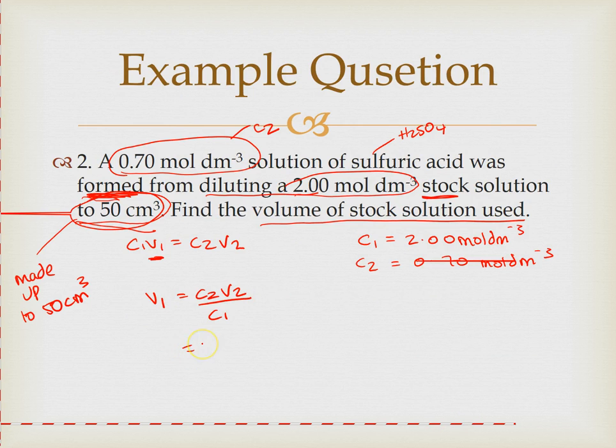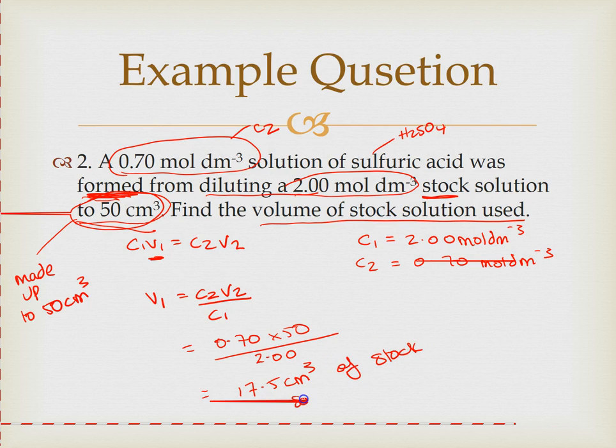So C2V2: we've got our 0.70, and V2 is 50 centimeters cubed. Note that I am not converting it, I'm just using it as centimeters cubed, and then I'm going to divide by C1, which is 2.00, and I will get 17.5 centimeters cubed of stock solution was used.